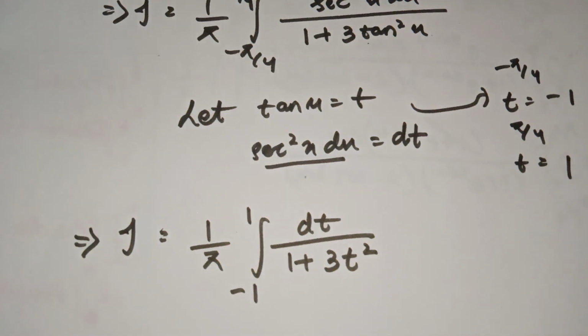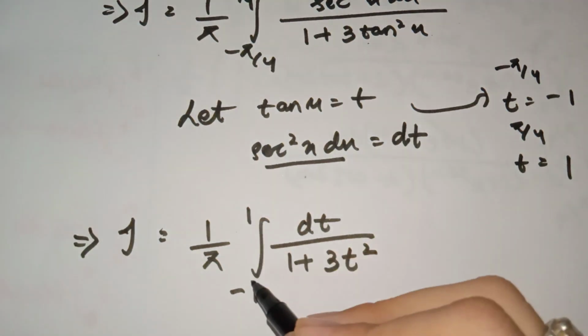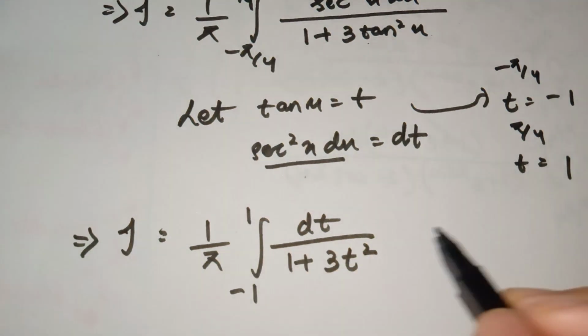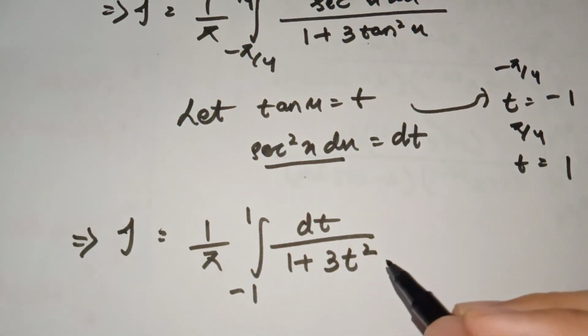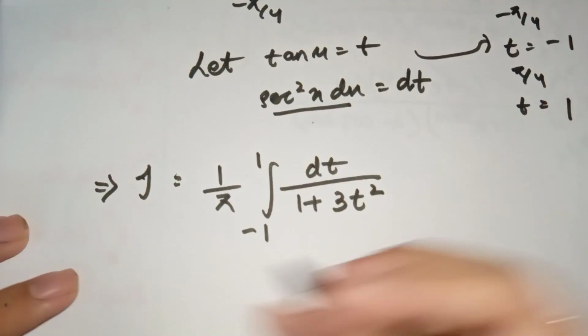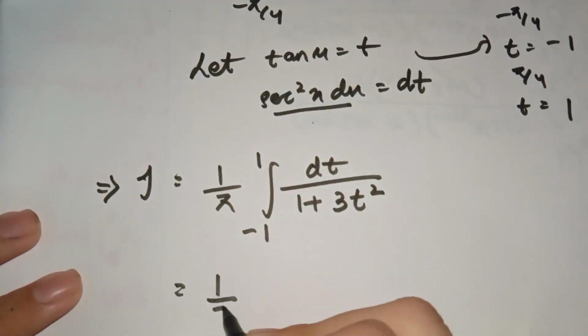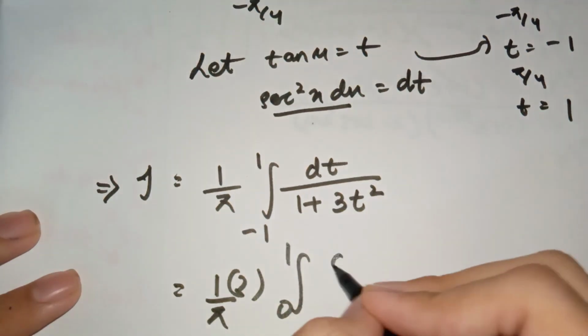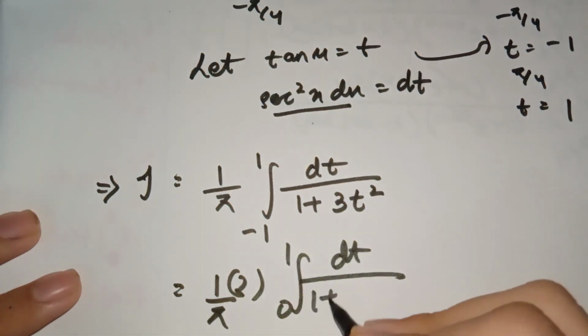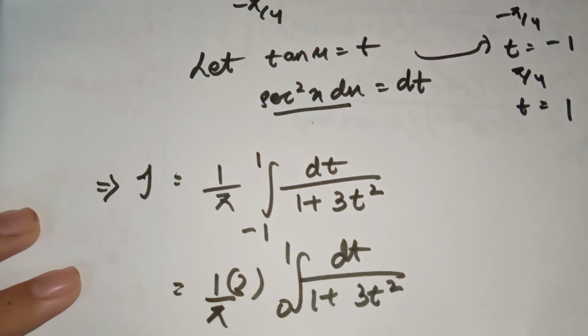If our function is even, we could replace this by 2 and the limits by 0 to 1. So here 3t square of anything is an even function, right? So we could write this as 2 by pi, integral 0 to 1 dt by 1 plus 3t square.